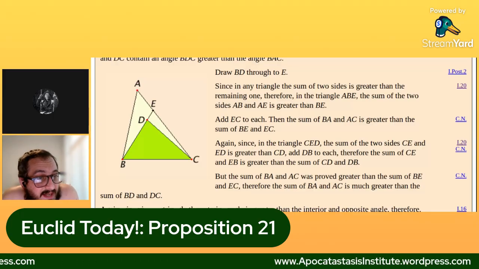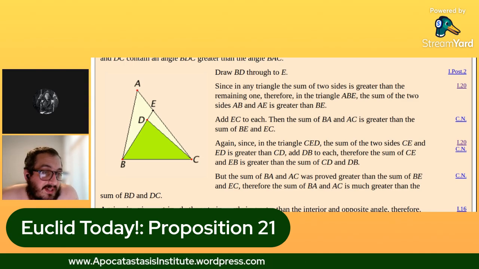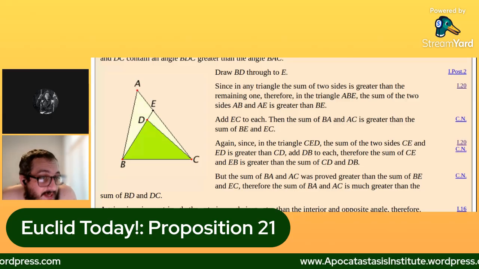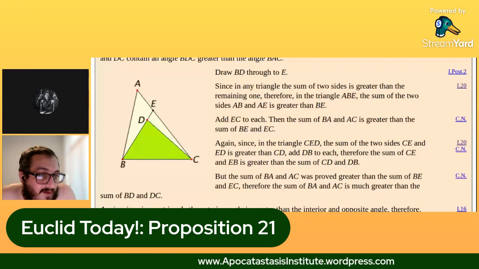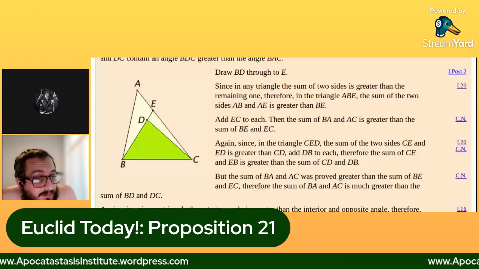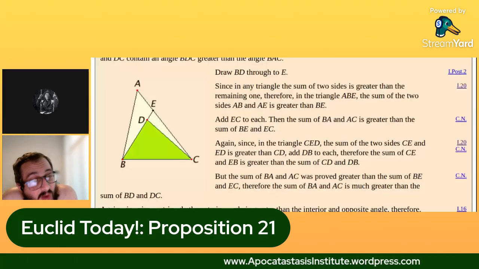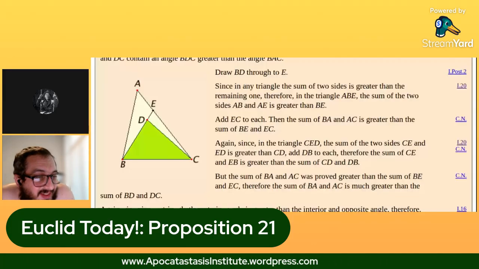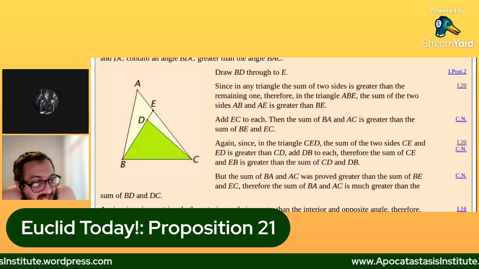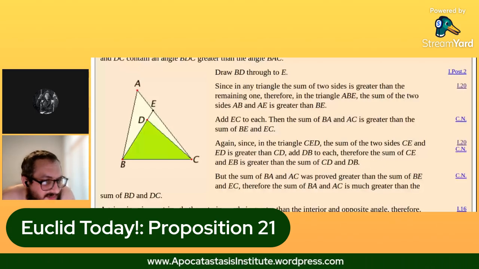So in the image, the side AB added to the length AC of the bigger triangle is going to be a bigger sum than the equivalent sum of BD and CD. The bigger triangle has the bigger sum. However, the corresponding angles have the opposite relationship: the angle BAC is going to be smaller than the angle BDC. Does that make sense?